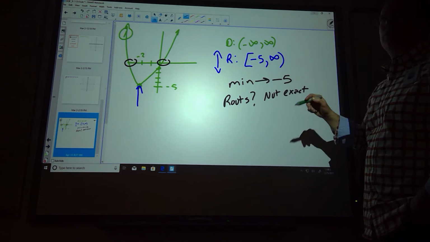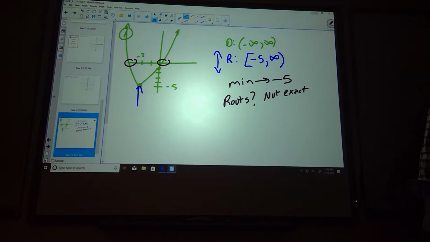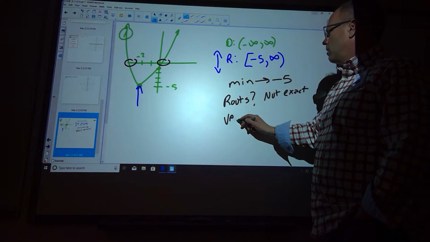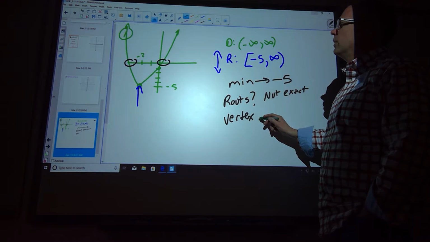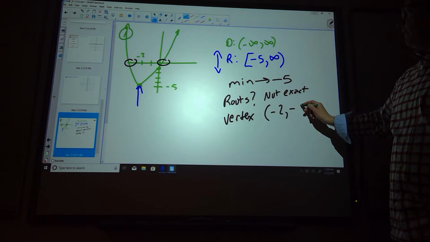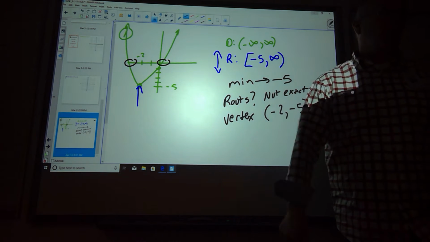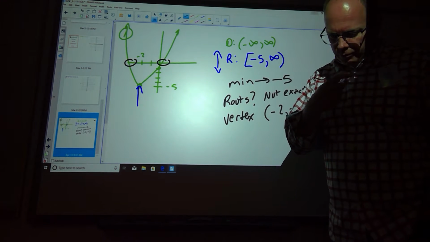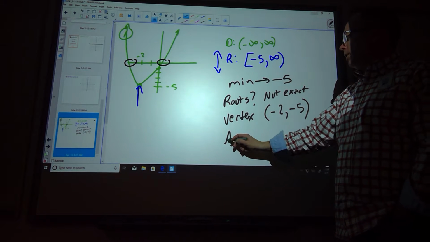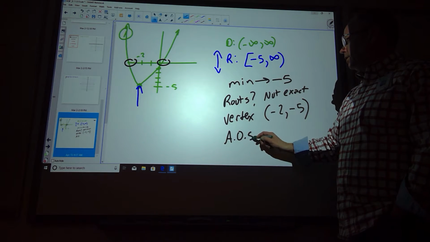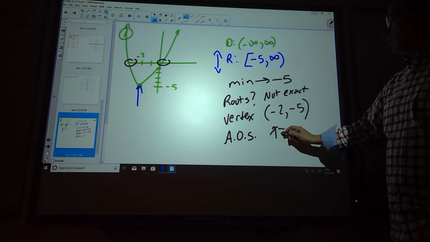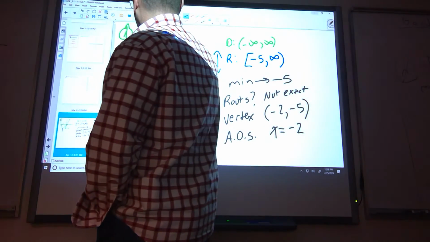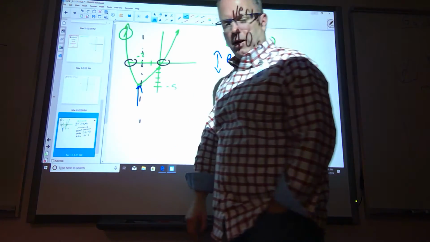Okay, though we know it crosses the x-axis, we can't see an exact answer at this point. And then the vertex as an ordered pair. Okay, so the vertex is -2, -5. So sometimes they refer to the vertex of parabolas as a turning point. And then the axis of symmetry, we'll call that AOS, is going to be x equals the x component of the vertex. So that would be this vertical line that we'd be symmetric about.